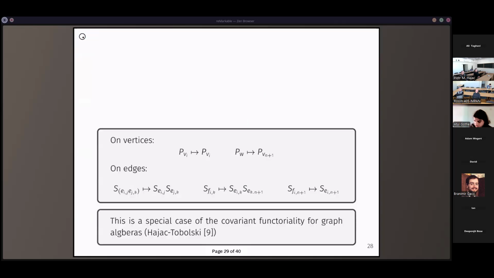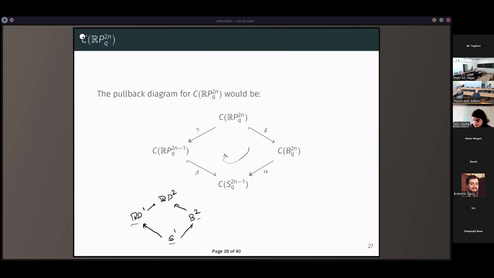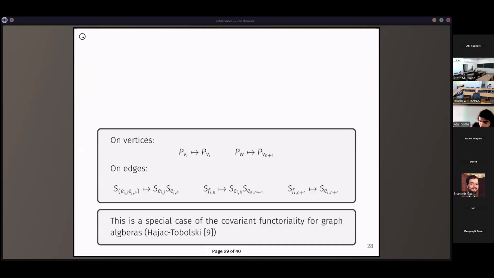And for even dimensional ones, this is easy enough to see. So I'll just draw it for n equal to 1. But for higher ones, the same proof follows. So C of RPQ2n, this is the graph presentation.